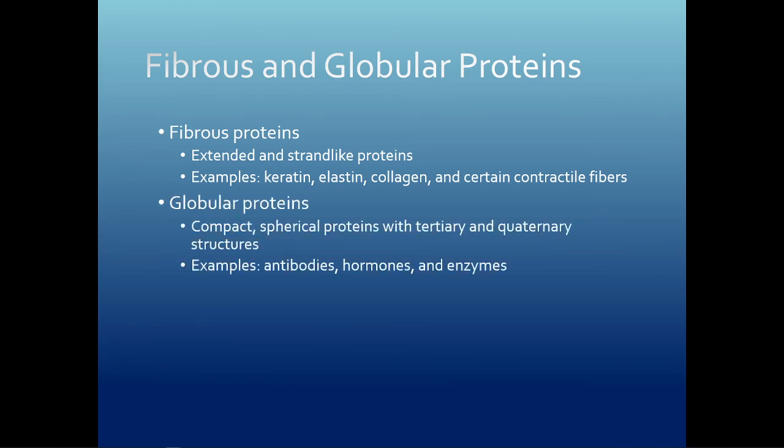Globular proteins are bigger things, with tertiary and quaternary structure, and they make up big things like enzymes and hormones and antibodies. So these big, huge structures that we'll look at later on throughout the year have specific shapes.